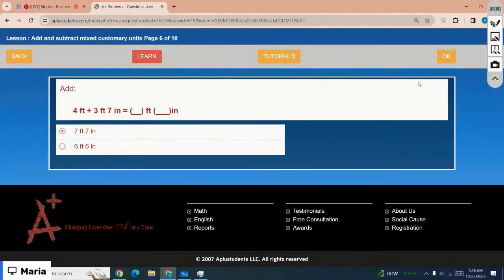Option number one is the correct option. Next, 5 pints 1 cup minus 5 pints, which is the correct option? Yes, that's just 1 cup. The correct option is 1 cup.